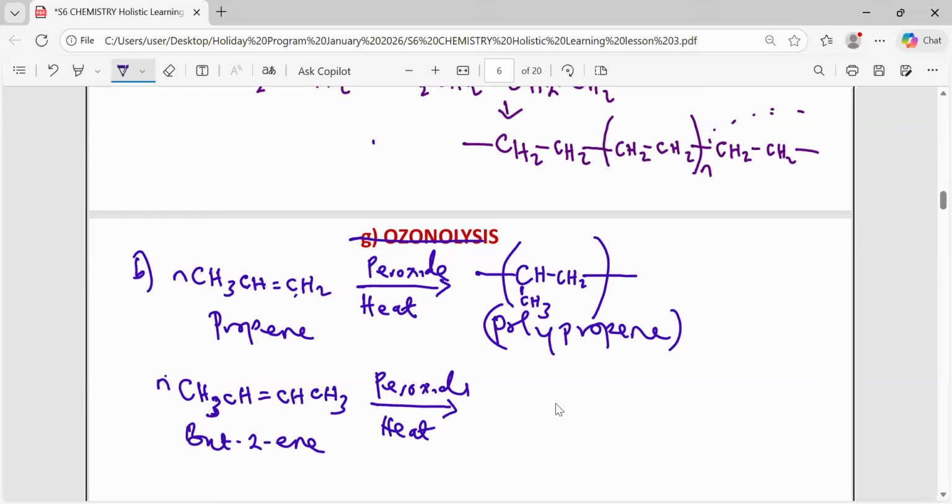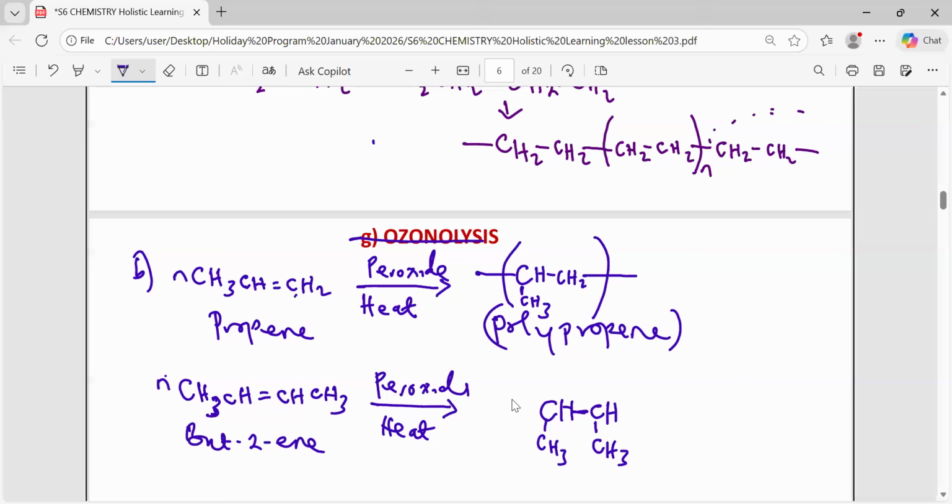So we are going to have CH. Audrey, I hope you're seeing. Between here we have a single bond, because the other one is going to form a double bond between this carbon atom. So we have a CH. Now this CH3 becomes a branch. Even this one becomes a branch.